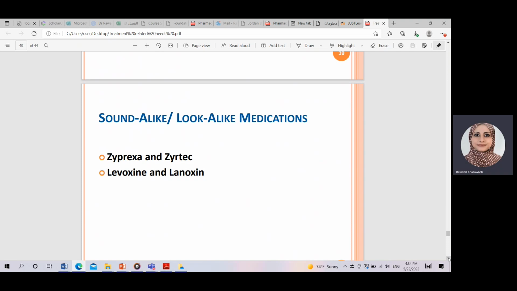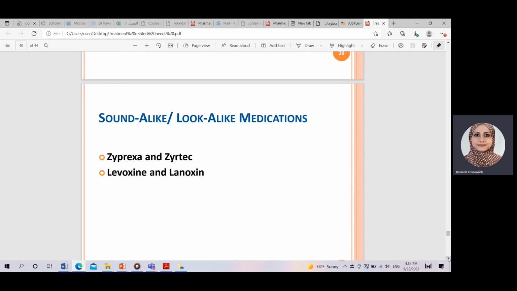Another example is Lavoxine and Lanoxine. Lavoxine is levothyroxine, which is a naturally occurring hormone that is used to treat hypothyroidism or low thyroid function, and it's used to prevent or treat goiter, while Lanoxine is digoxin, which is a cardiac glycoside that is used to improve the contractility and the efficiency of heart pumping.